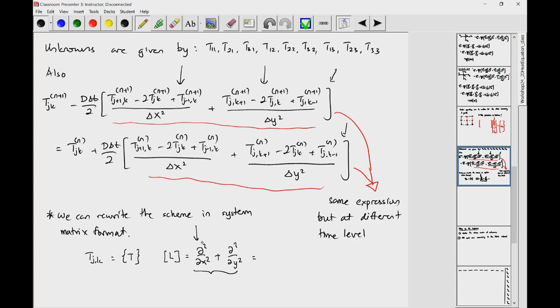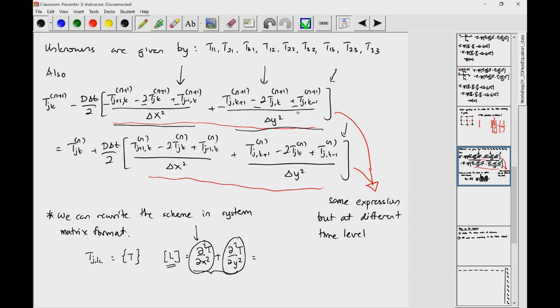If I put a capital T, maybe that's clearer: the central difference scheme for this will give you this, and for this will give you this. So what I'm saying is that I am introducing a matrix L, and this matrix L will take into account all the coefficients in front of the spatial derivatives.